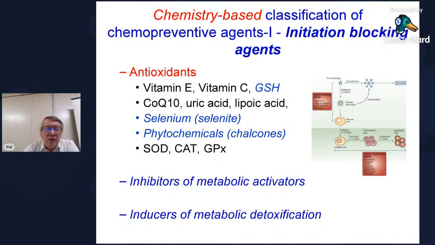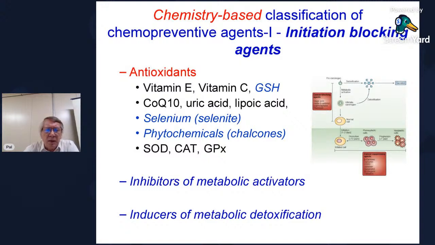Among the antioxidants, there is a wide range of small molecular compounds. Among them, we can mention vitamin E, vitamin C, and reduced glutathione. There are some thiol compounds like lipoic acid. There are some quinones like Q10.